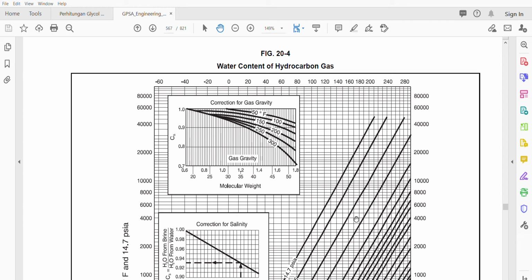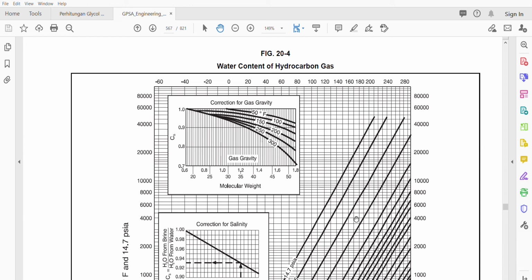It doesn't mean that there is water flowing in the reservoir. Actually, it's just still one phase in the reservoir, but it contains water inside the gas. So the water itself is in the form of a gas. So in this case, the production water on the surface, you have to add up to the gas.